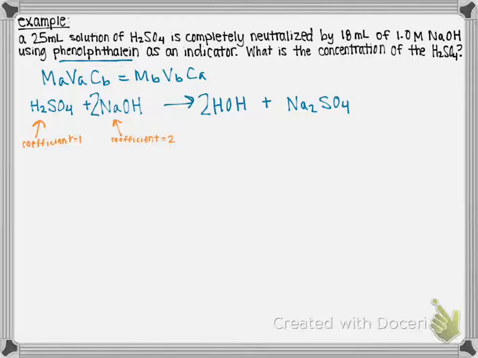So molarity of the acid, if you look, it gives you volume of the acid, but it does not give you molarity. So molarity of the acid is your X, that's your unknown. Volume of the acid, it says 25 milliliters of a solution of H2SO4, which is your acid. So this would be your VA, 25 milliliters.